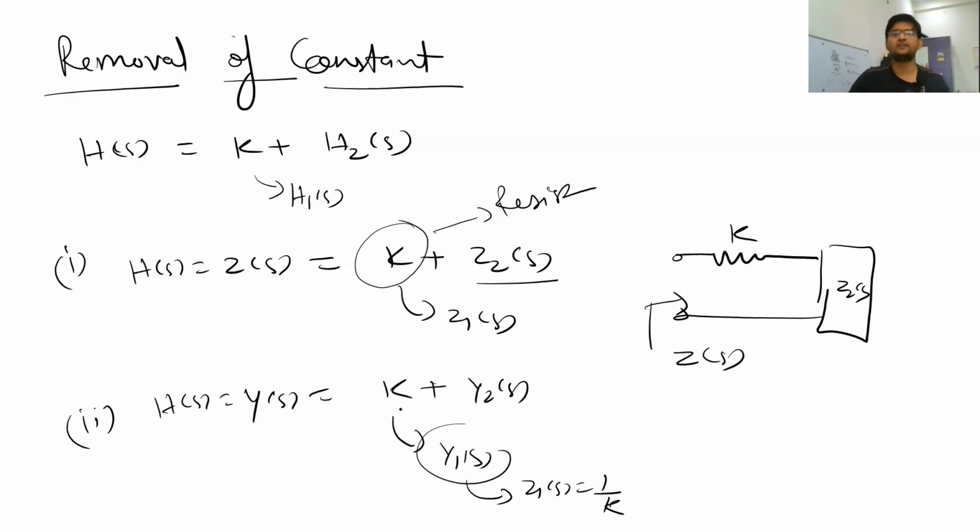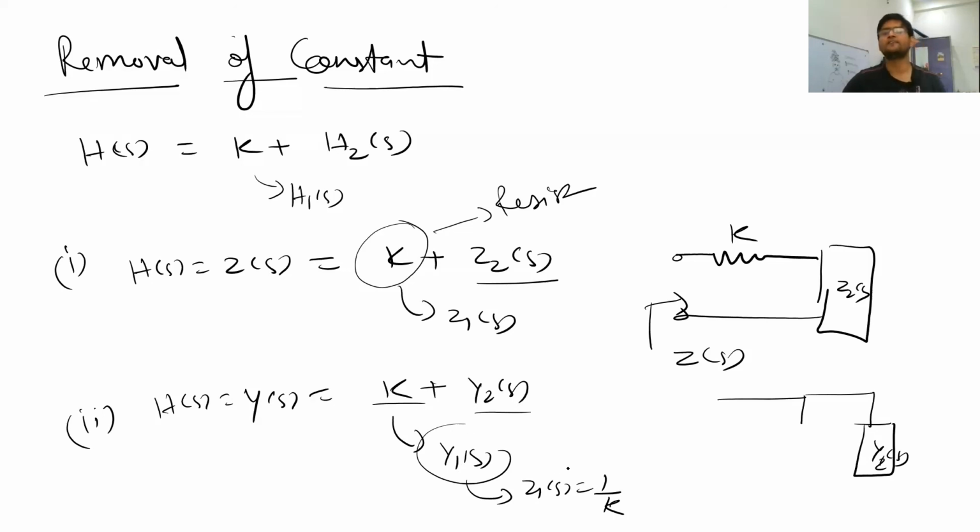Since these are the summation of two admittance functions, we are going to get the parallel combination of Y1S and Y2S. And what is your Y2? This is your Y2S. What is your Y1S?